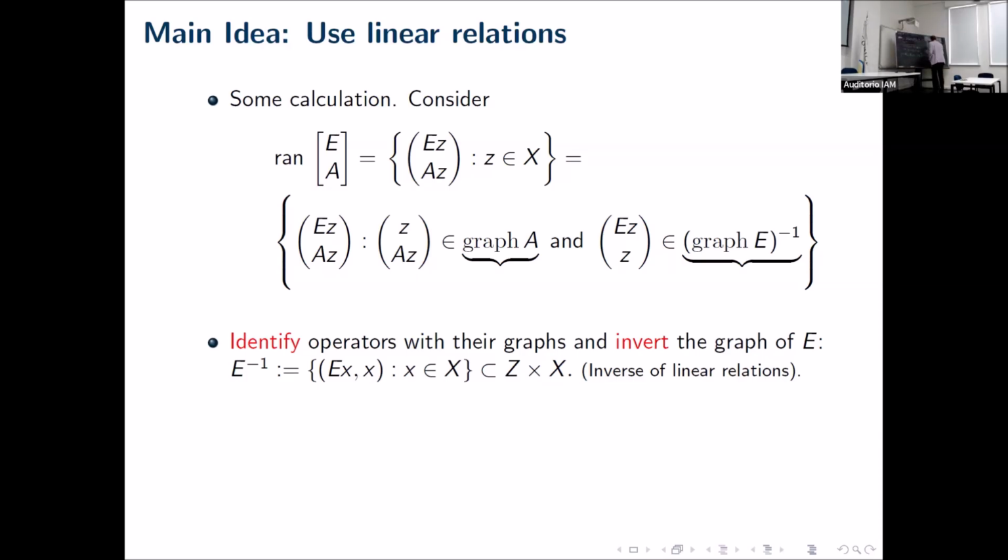T inverse is all (y, x) as long as (x, y) are in T. And the last notion, A times B. Okay, I make it here. What is the composition?